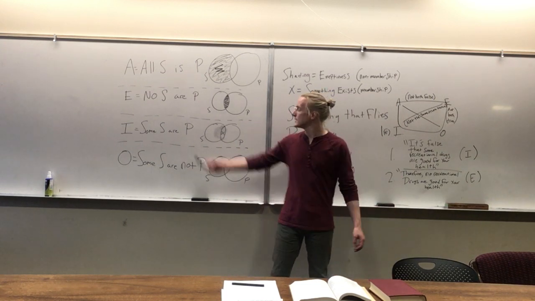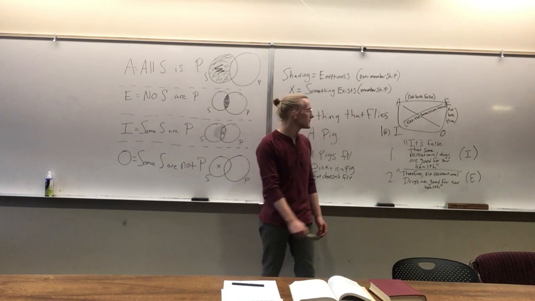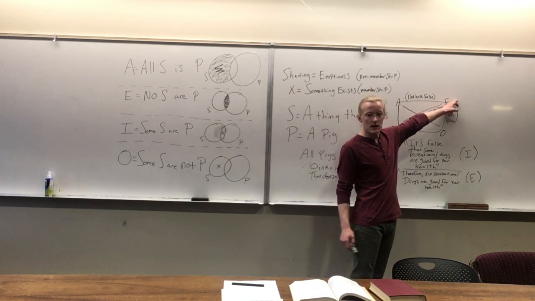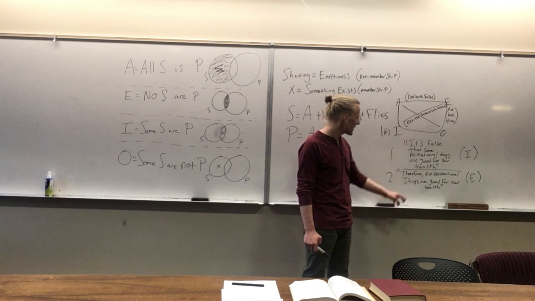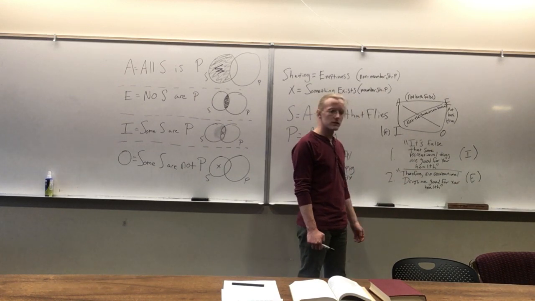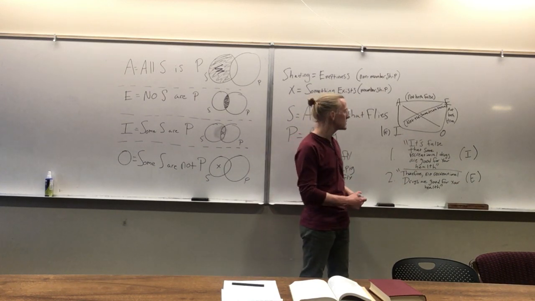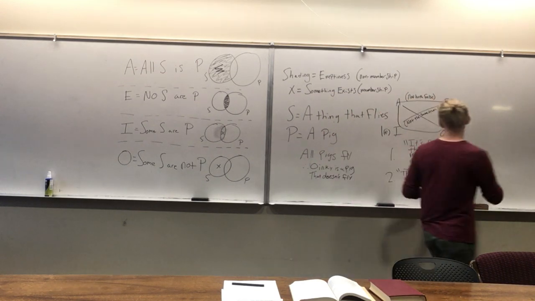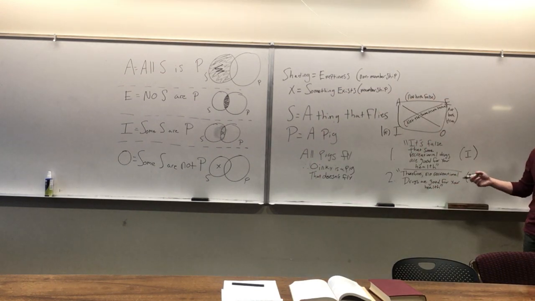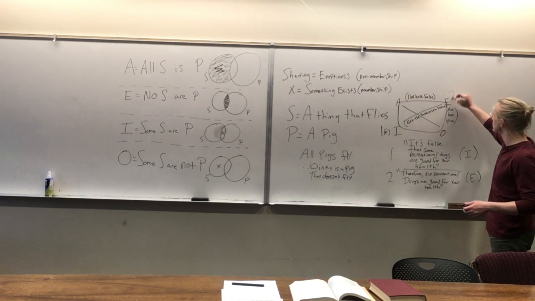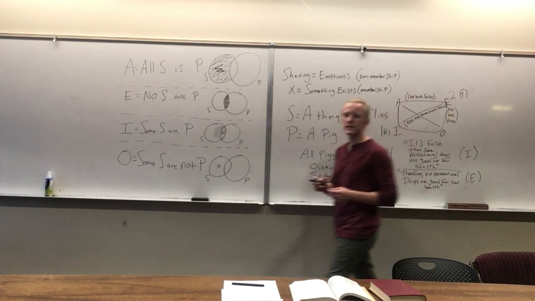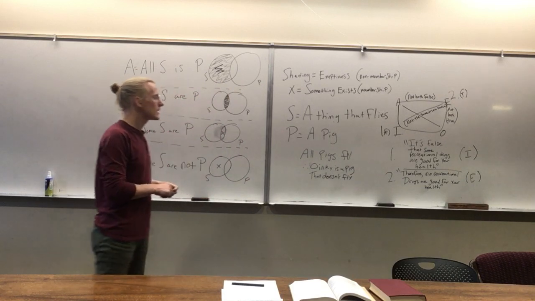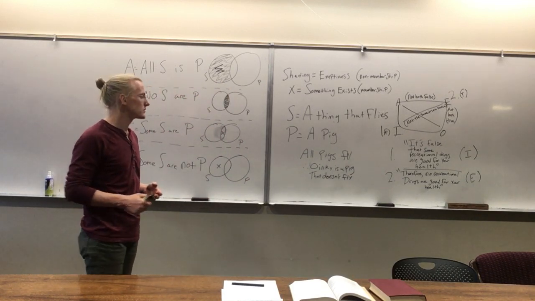This is an E statement, no S are P, and our E statements operate on the opposite corner from the I statements on the square of opposition. And this one, our conclusion, our number 2 statement, is said as if it were true. It's not saying that it's false, so it's going to be true. So I'm going to write a 2 here, and I'm going to write true to represent its being stated as if it were true.